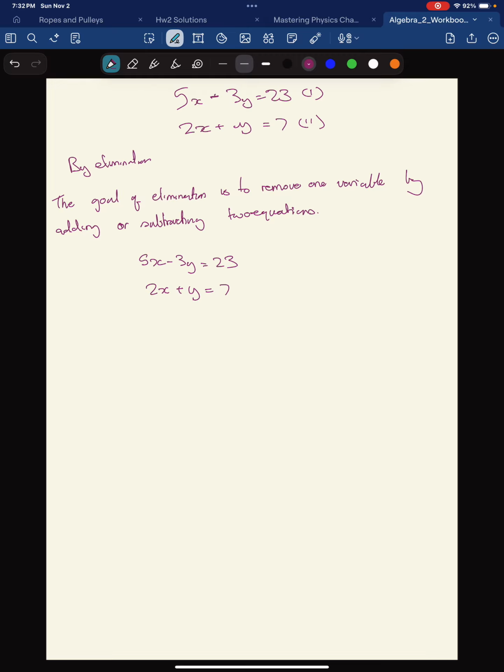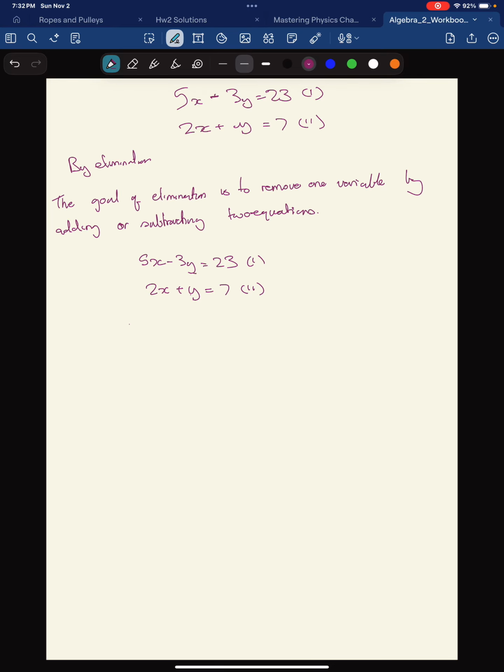Well, from here, I can see that it's very easy for me to remove y, because I have a minus 3y. I can multiply. Let's say here I have equation 1, equation 2. I can multiply equation 2 by 3 on both sides. So I'm allowed to do that.